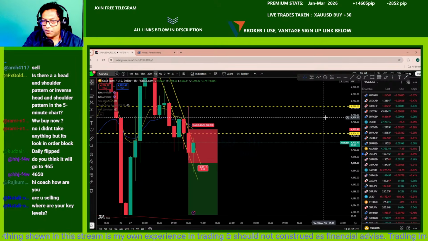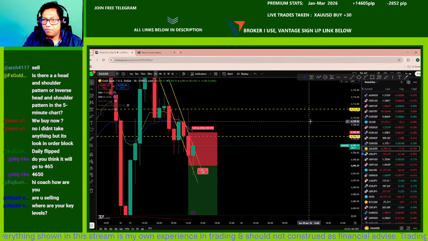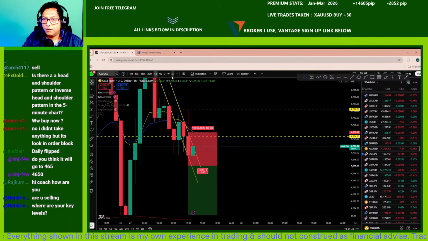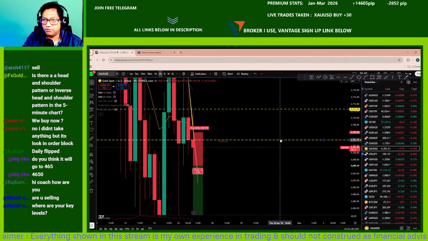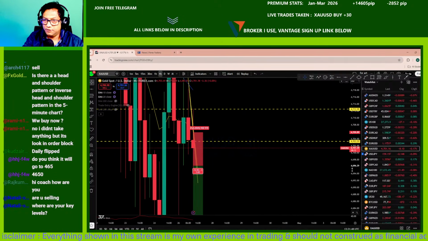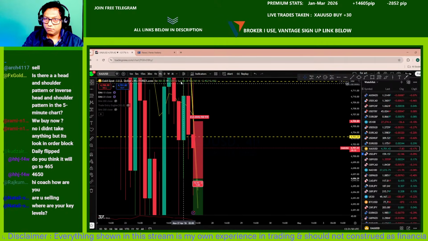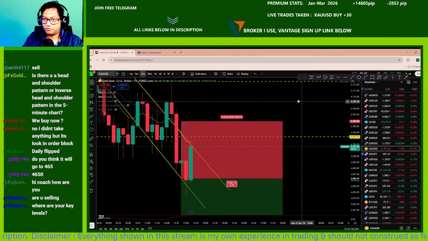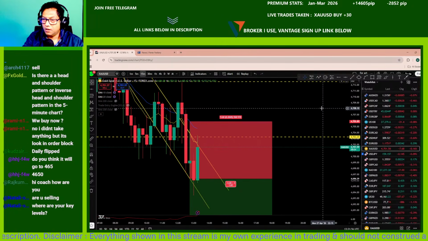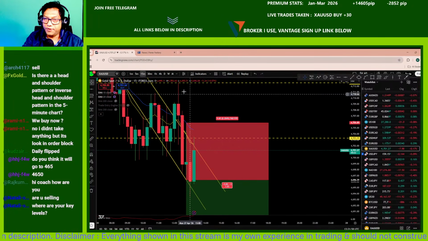On the 1 hour price action, and on the 4 hour as well, the price has reached that intraday resistance, the 4 hour resistance, which is in a key area.